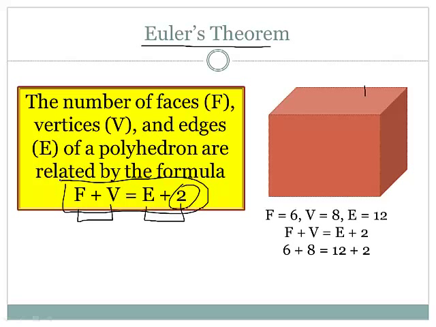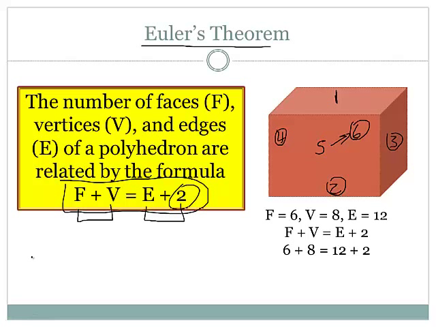Okay, so we have this figure here, which is a rectangular prism. For the number of faces, you have your top, you have your bottom, which is here. You have your side, you have another side, which is here. You have your front, and then you have your back, which is back here. So you have 6 faces.